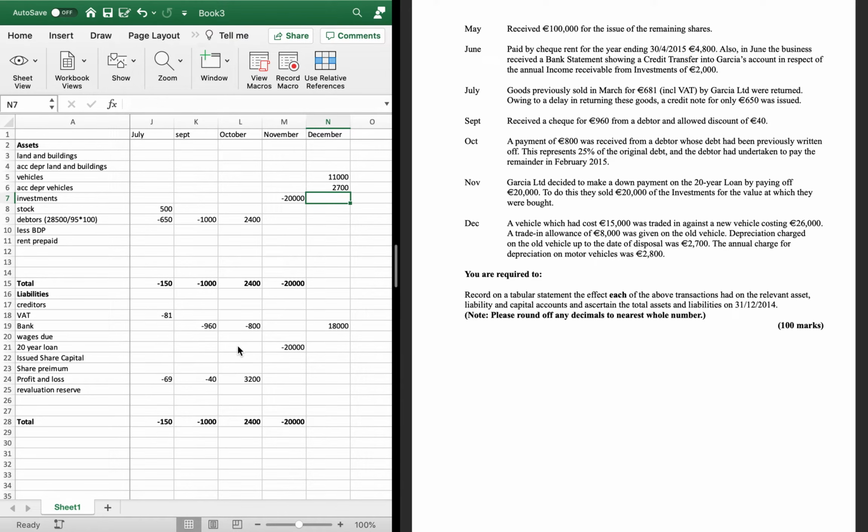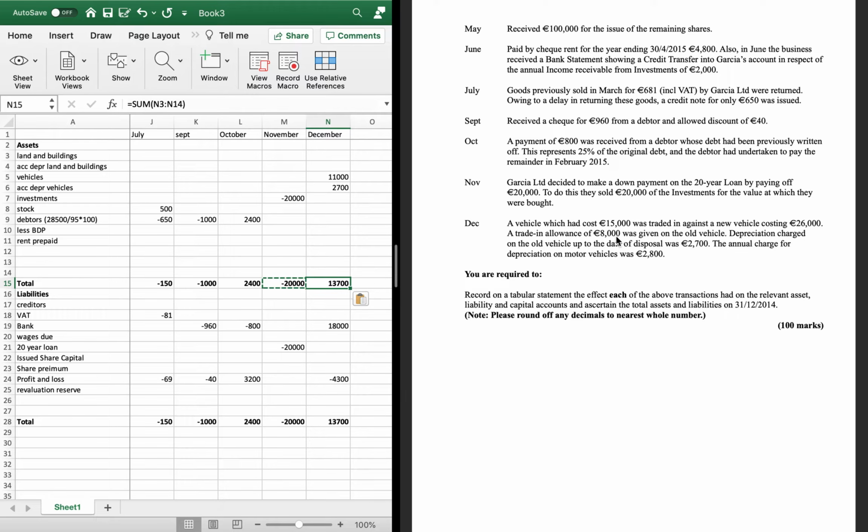Or you could look at the vehicles. Vehicles cost 15,000. The depreciation was 2,700, so its valuation was 12,300. If you compare 12,300 to 8,000, that's going to be a difference of 4,300. So if we put in our loss of 4,300 here, now at that point I'm going to balance it. 13,700.